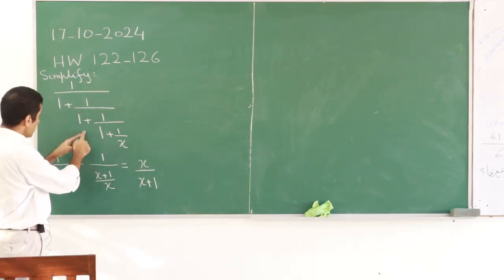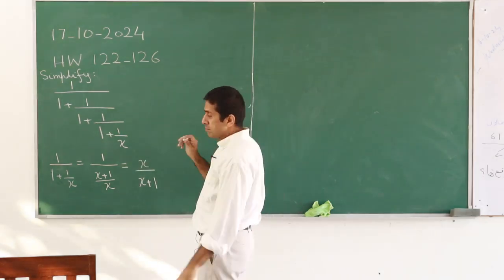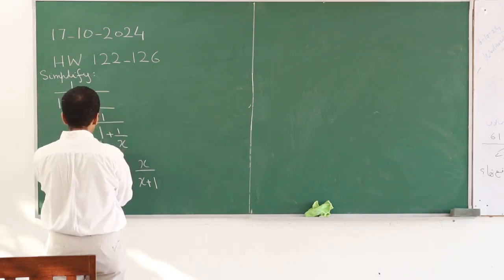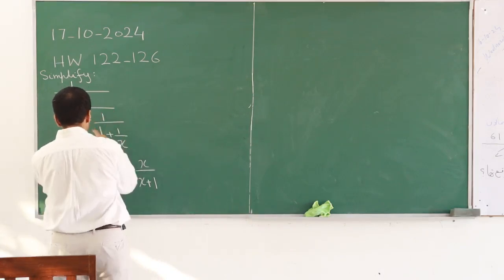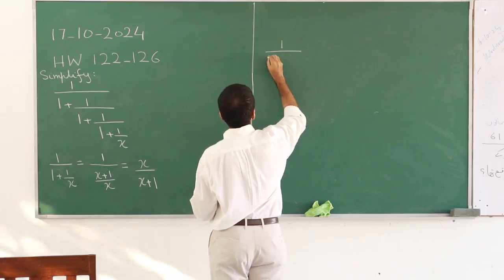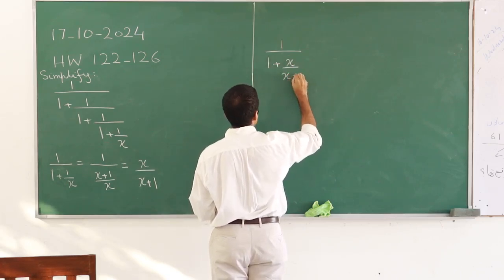So this part is now done. Now I have, oh, I haven't done the plus 1 yet. So I just did this part, right? So this part is done. Now I have to do this part. So now I'm going to do 1 over 1 plus x over x plus 1.